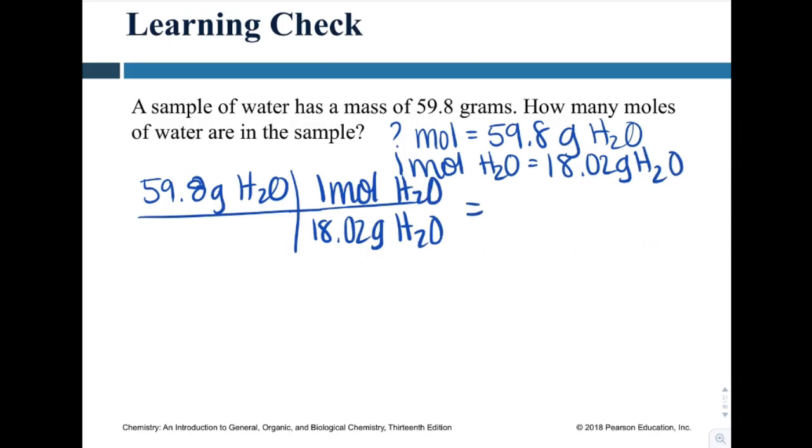And I can take my 59.8 divided by 18.02. Sorry, my fingers were messing up the numbers. 3.32 moles of water is my answer here.